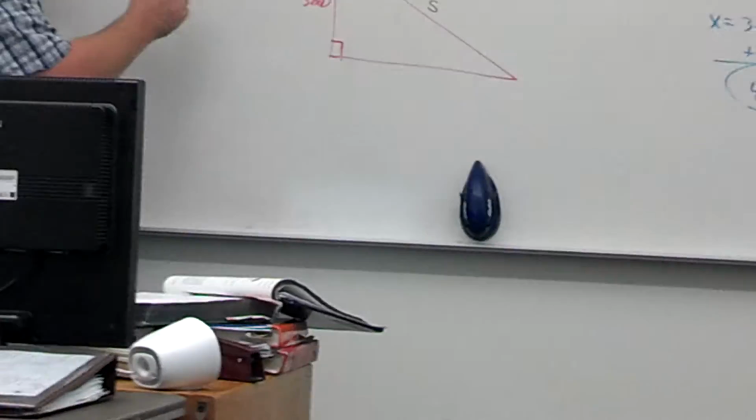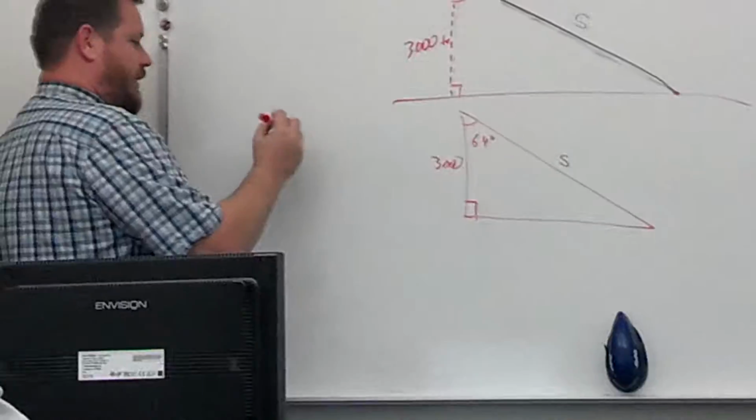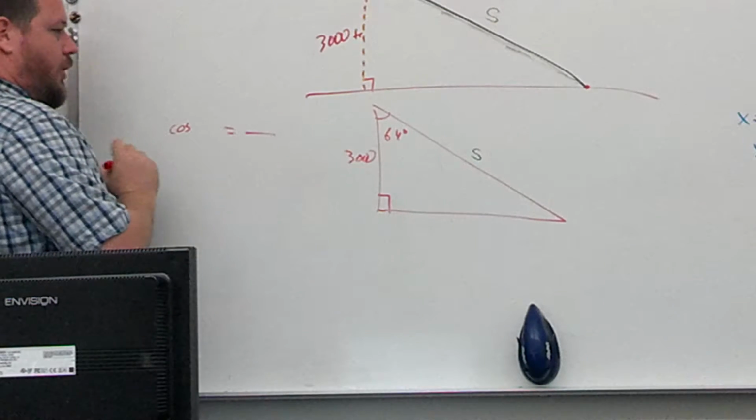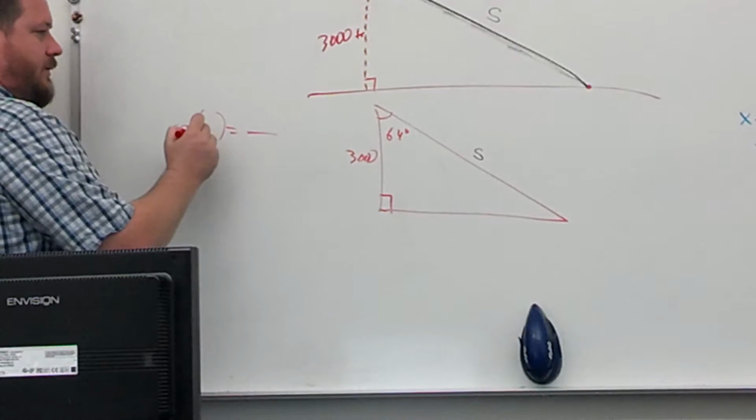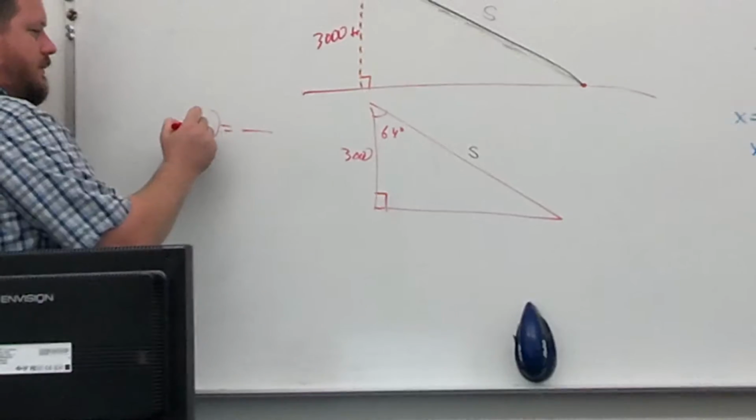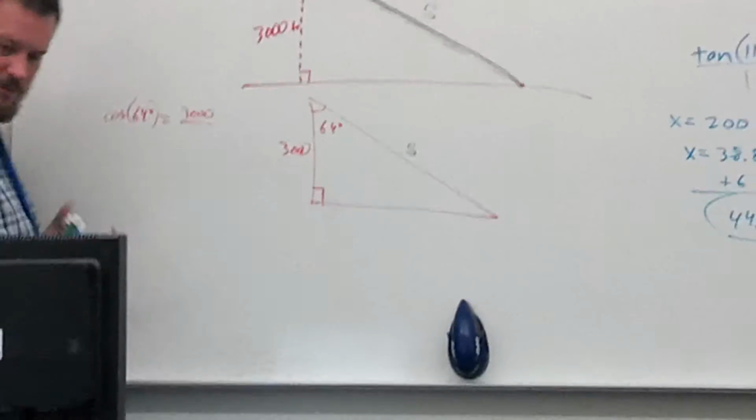Which relationship is that? Cosine. So cosine of what angle? Cosine of 64 degrees equals adjacent over hypotenuse.